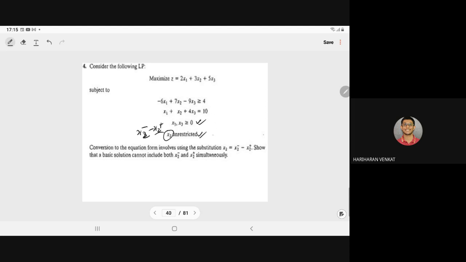When x2 is unrestricted in sign, we replace x2 as x2 minus minus x2 plus, where x2 minus and x2 plus are non-negative. And here we subtract the surplus variable.